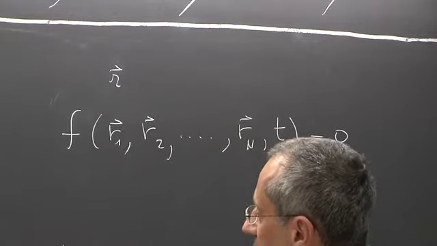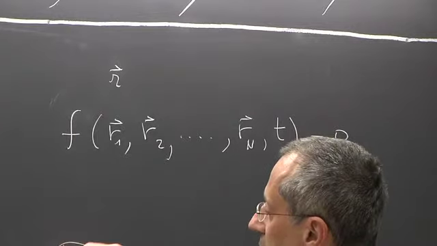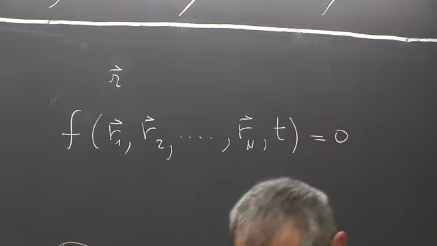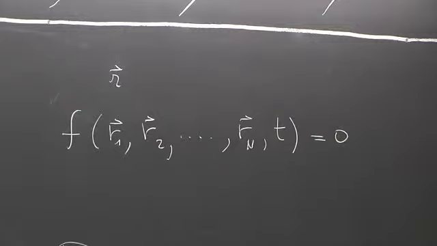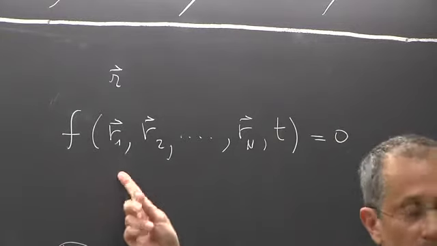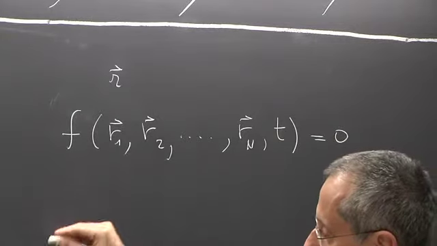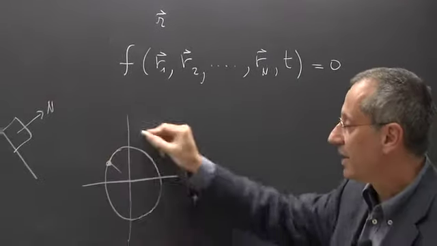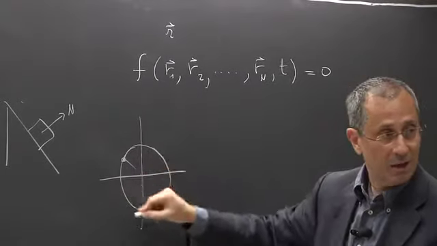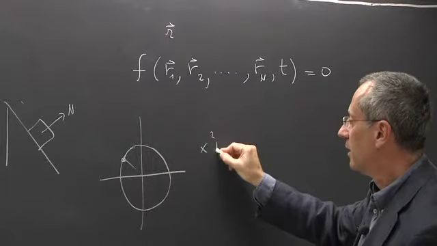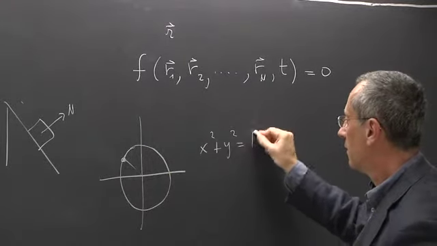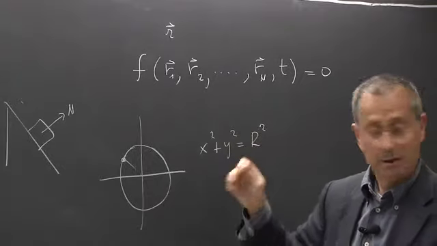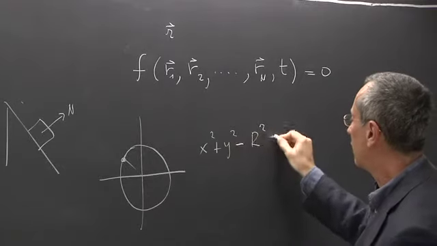If I can write my constraint in this form, for instance, if I have a point particle that is constrained to move on a loop, this is clearly in this form, because if I write the coordinates of these particles, they are linked by the fact that they must stay on the circle. So you have something like this, and I can always write it in this form.